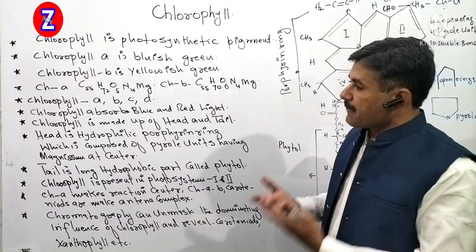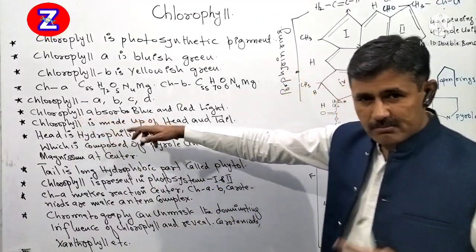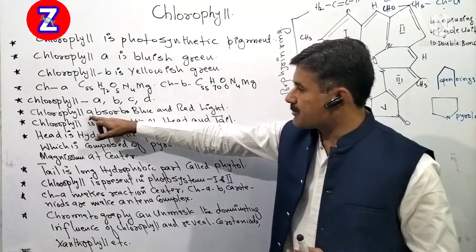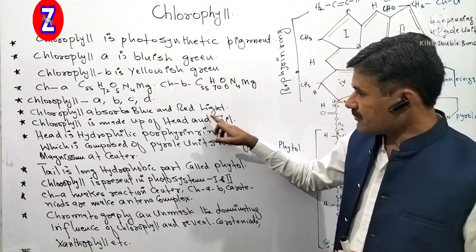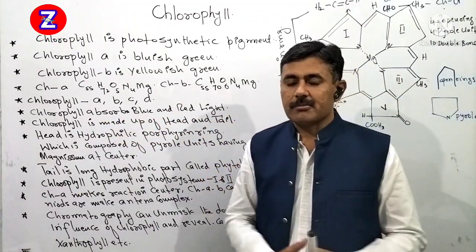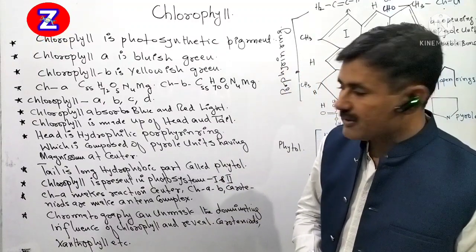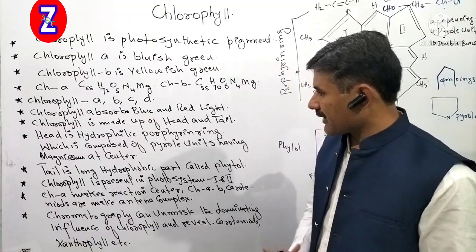So far as the spectrum of chlorophyll is concerned, chlorophyll A and chlorophyll B absorb light of blue and red wavelengths. These two lights, blue and red, are more important for photosynthesis, because chlorophyll activity reaches a maximum with them.